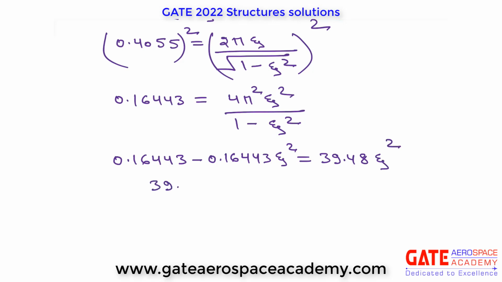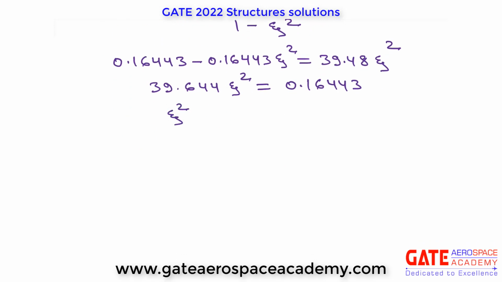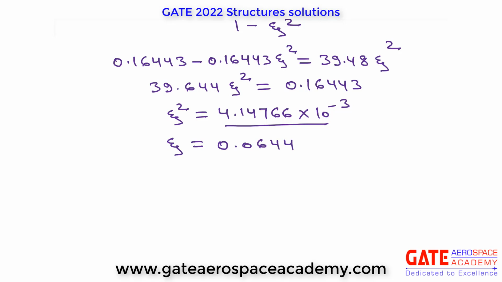So 39.644 zeta square is equal to 0.16443. From here zeta square is equal to 4.14766 into 10 raised to power minus 3. So zeta will be under root of this thing, so that is 0.0644. Now we got the zeta. Zeta is also equal to C upon critical damping coefficient Cc.